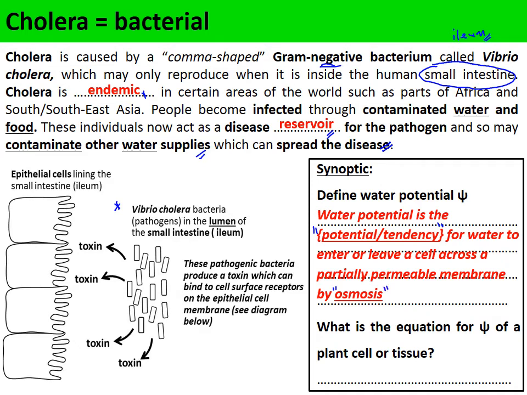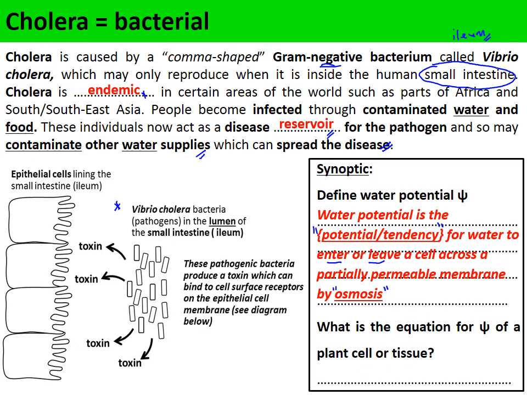And that's going to be down a water potential gradient from a less negative to a more negative water potential. So water potential is the potential energy or the tendency for water to enter or leave a cell by osmosis across a partially permeable membrane down a water potential gradient.